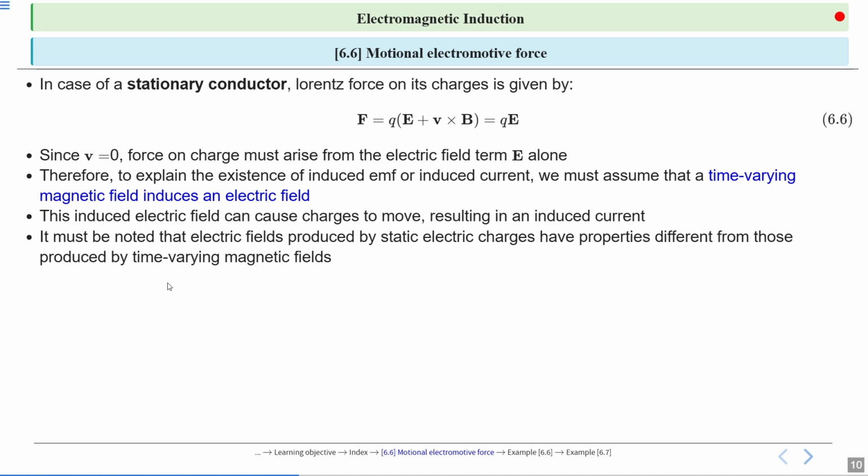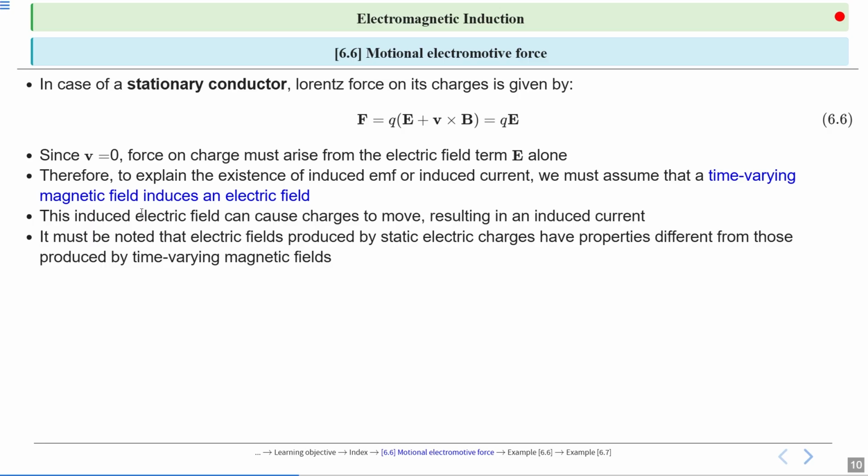The induced electric field forms closed loops. We have discussed in electric charges and fields that the electric field produced by static charges doesn't form closed loops, but the induced electric field, induced due to a time varying magnetic field, forms closed loops.